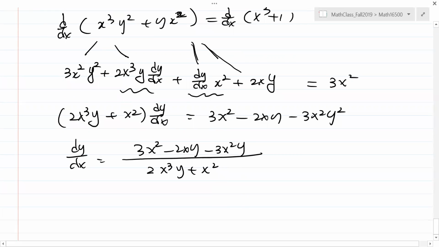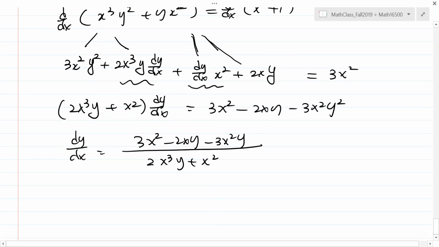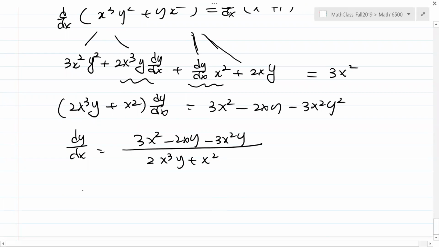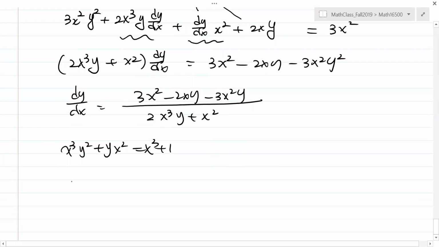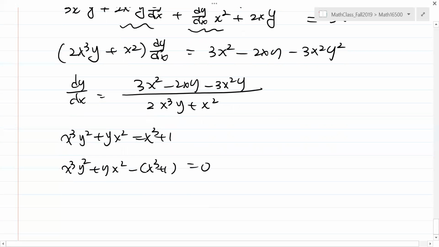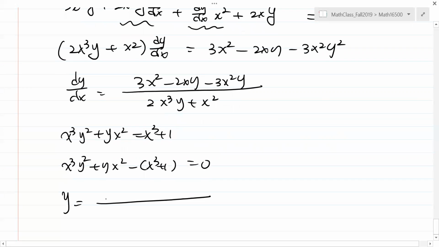Here the derivative involves x and y. But for this particular problem, you can solve for y. I just want to give you the formula. How do you get that? This is a quadratic function in the y variable: x cubed y squared minus x cubed plus 1 equals 0. So you can write down the solution for y, negative b plus or minus the square root of b squared minus 4ac.